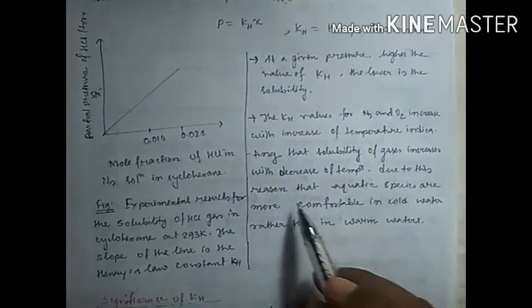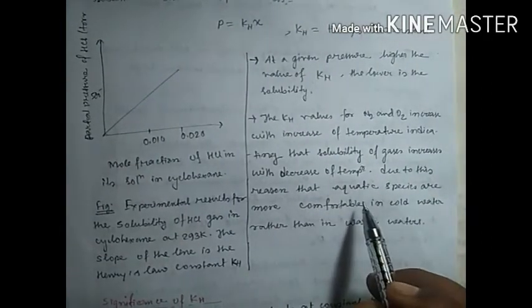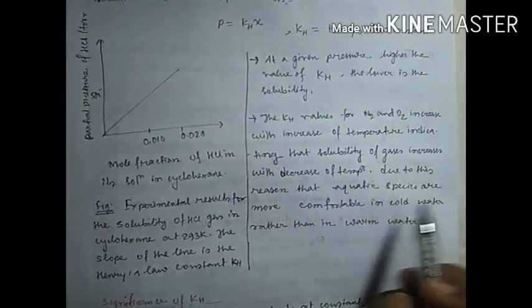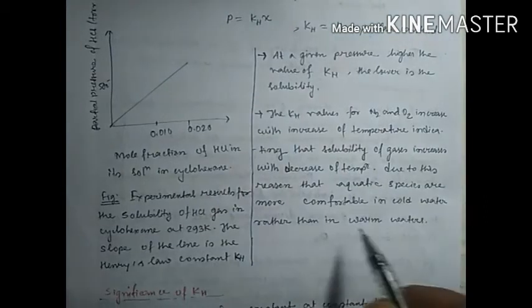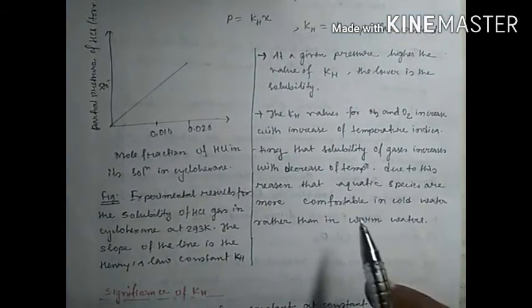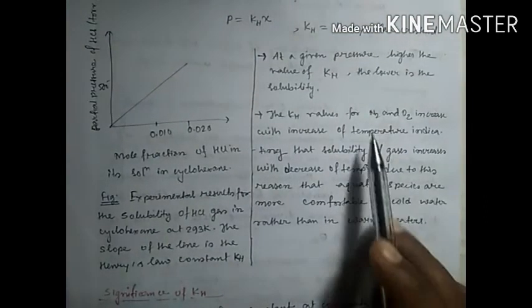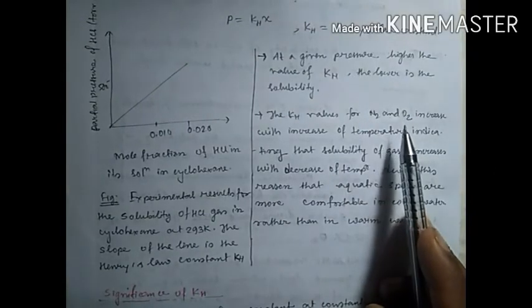Due to this reason, aquatic species are more comfortable in cold water rather than warm water. That means in cold water the solubility of nitrogen and oxygen is more.